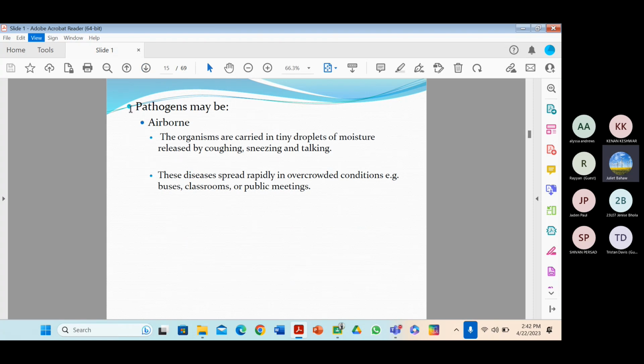So first, pathogens could be airborne. Now we went through a whole pandemic, still going through little diseases here and there. Would you say COVID was airborne? Yes, miss.